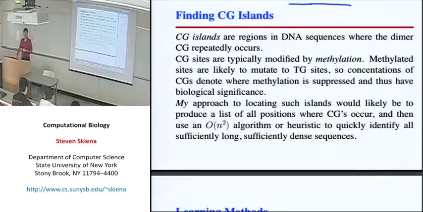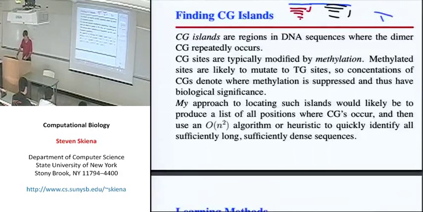That's really the question that you're asking, right? So we're going to assume a situation where you can give me positive examples that are genes and negative examples that are not. Okay? And the goal is, given a new sequence, which class does it fall into? Right?